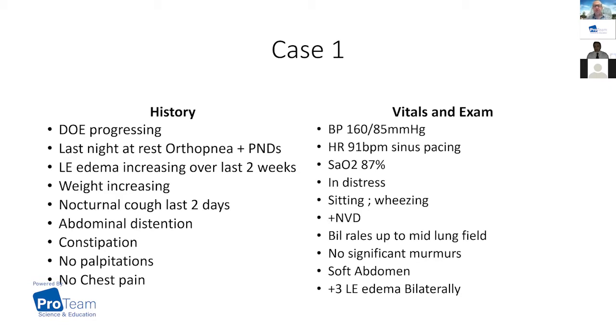In the emergency room, his blood pressure was elevated at 160/85. His heart rate was sinus pacing at 91 beats per minute, saturation 87, so he was desaturating, in distress, wheezing. He has bilateral rales up to his mid-lungs. There were no significant murmurs on cardiac exam, a soft abdomen, and +3 lower extremity edema bilaterally.